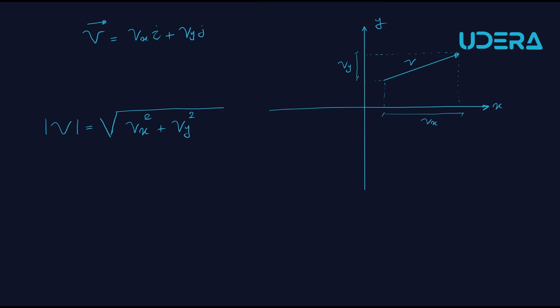So I can obtain the magnitude of the vector V using this formula. If you are given the scalar components of a vector and then asked to find the magnitude, this is the formula for 2D vectors.